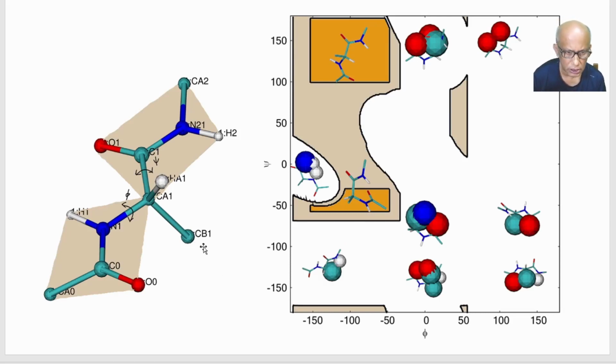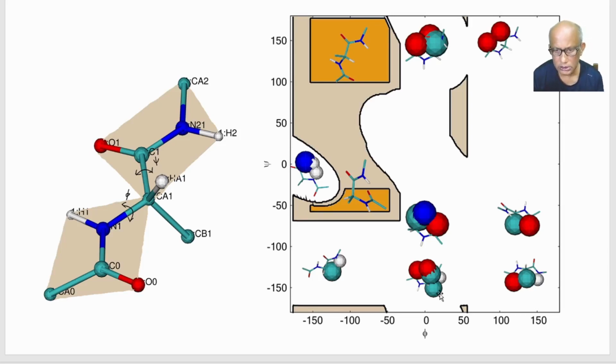In this region, again, I find the C beta atom and the NH hydrogen atom coming too close. In other regions, I find two oxygens, the two carbonyl oxygens from adjacent peptide bonds, bumping into each other, or as we sometimes call it, making a short contact, a disallowed contact, that is, the distance between them is lower than the extreme limit.